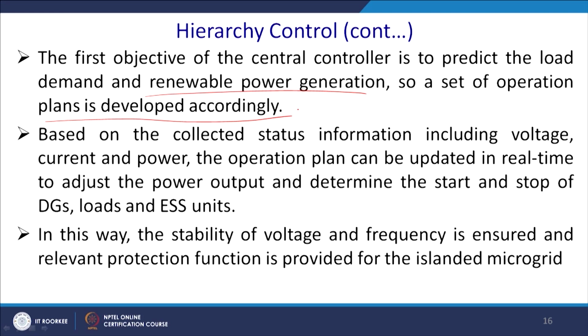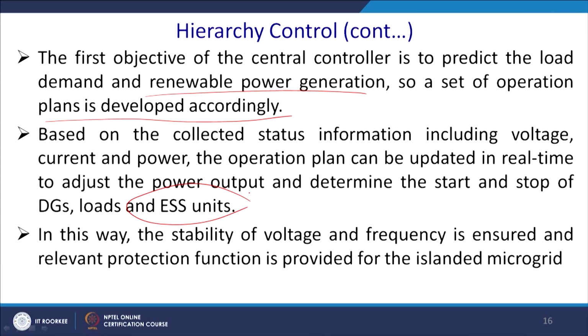Based on the collected status information, including the voltage, current and the power, the operation plan can be updated in real time to adjust the power output and determine the start and the stop of DGs, the loads and the ESS unit. So, all those things, the state of charge of the ESS units, how much local generation is there and what is the forecasting, all those issues have to be captured here.